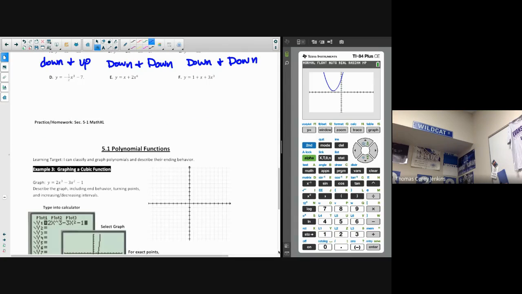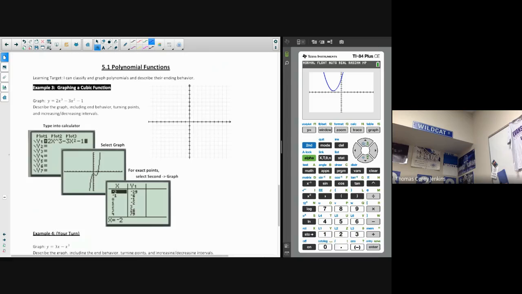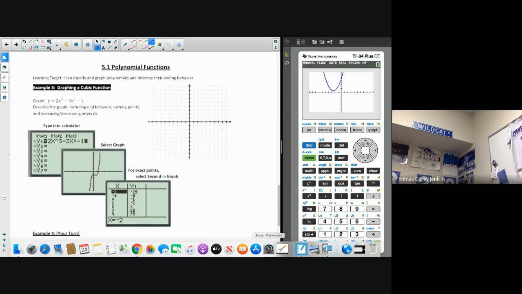All right, so we are going to finish with a couple of these graphs. Looking at just this first one, how would we graph it? You want to include kind of your keys when you're graphing these things.